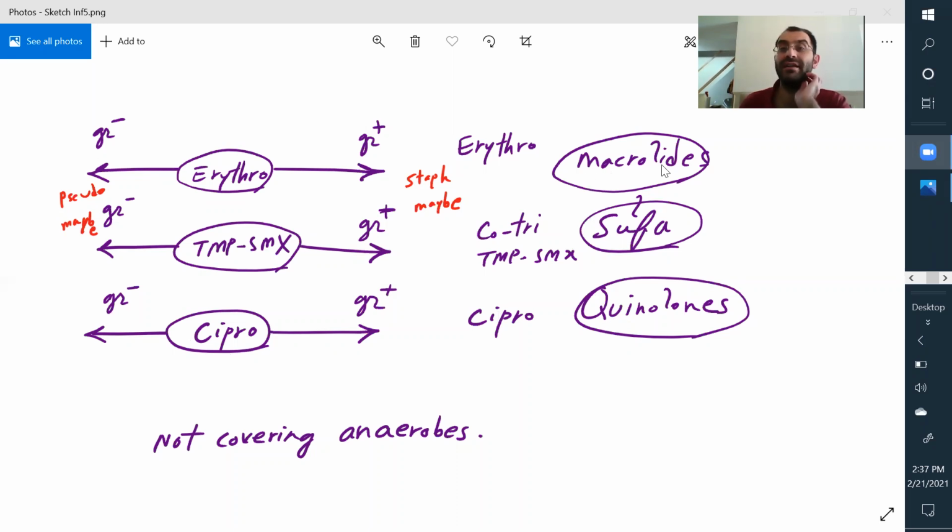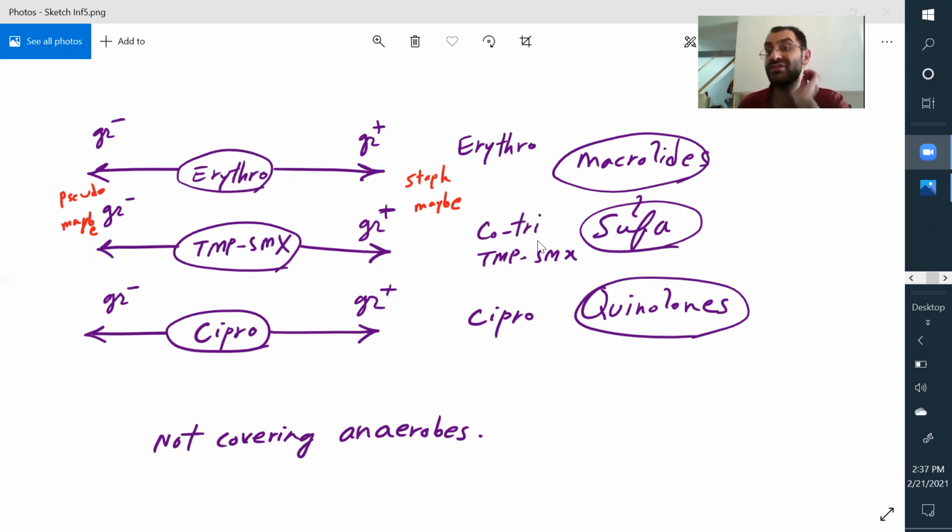So macrolides like erythromycin, clarithromycin, azithromycin. Sulfa drugs like TMP-SMX, cotrimoxazole, the combination of trimethoprim and sulfamethoxazole. It's known in North America as TMP-SMX, and in the Middle East as cotrimoxazole.